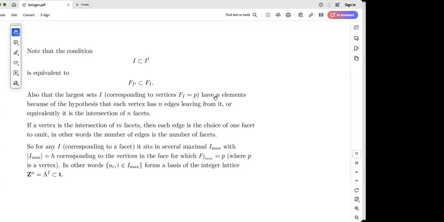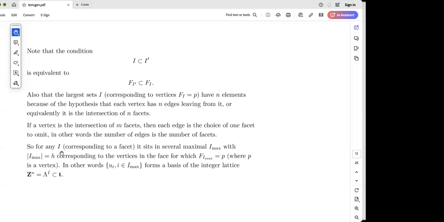These have n elements because of the hypothesis that each vertex has n edges leaving it. Or equivalently, it is the intersection of n facets. If the vertex is the intersection of m facets, then each edge is the choice of one facet to omit. In other words, the number of edges is the number of facets.